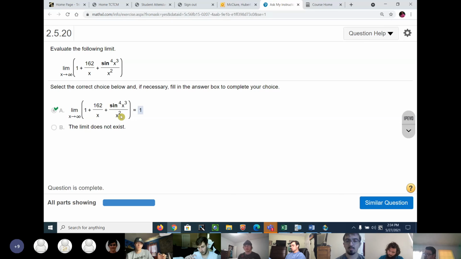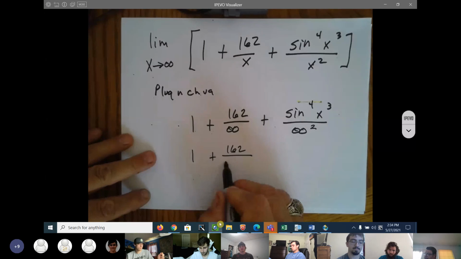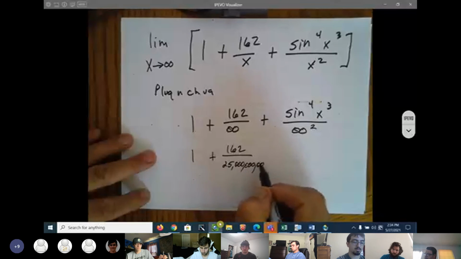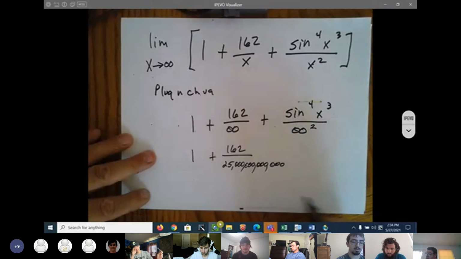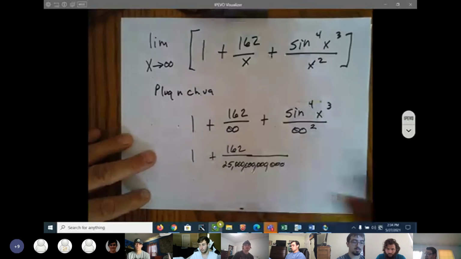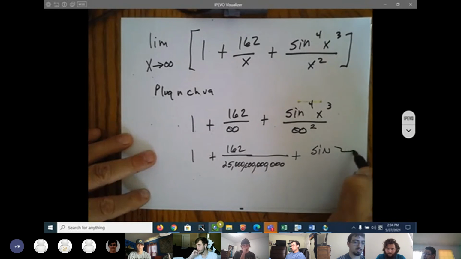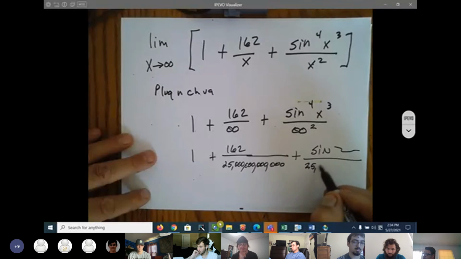So what is 1 plus 162 divided by 25 trillion, plus sine of 4x to the third over 25 trillion squared.